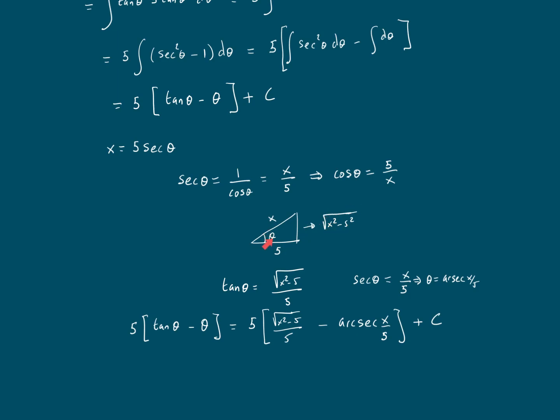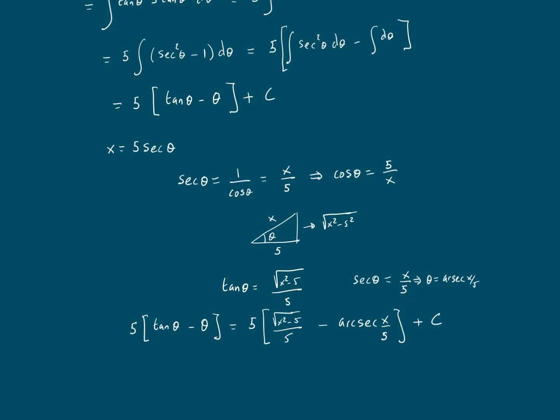So what is tangent of theta? I'm looking for tangent of theta, and I'm looking for theta. Tangent of theta is opposite divided by adjacent. So tangent of theta is the square root of x squared minus 5 squared, divided by 5. I will plug in tangent of theta here in terms of x. And who is theta? Well, I know that secant theta is x divided by 5.